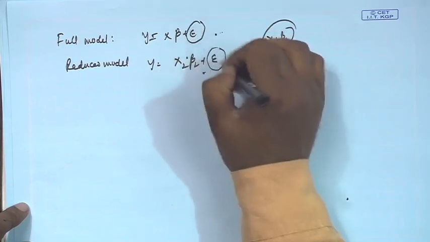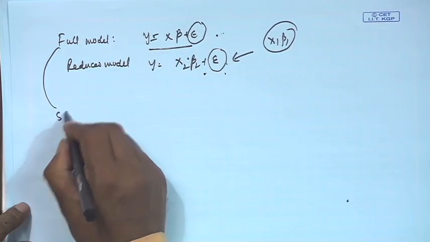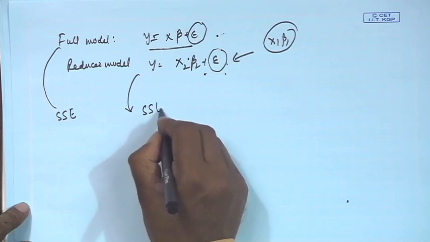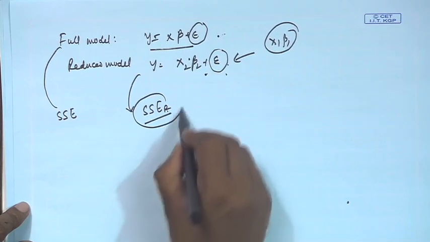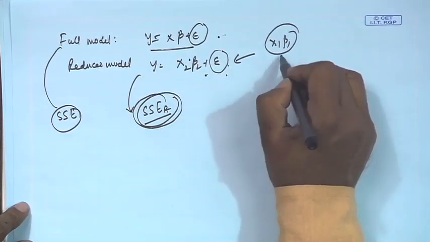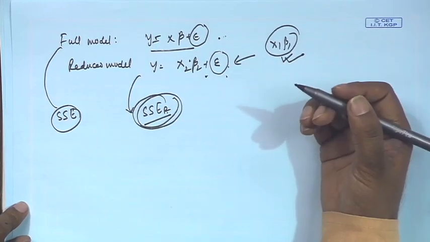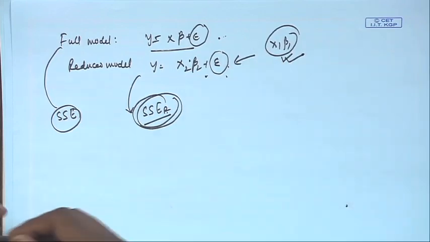So, using this model you will get SSE, or using the reduced model you will get SSE of the reduced model, and this SSE of the reduced model will be more than this, and the difference is the contribution of this to the error. If that one is significantly contributing, then H0 will be rejected.